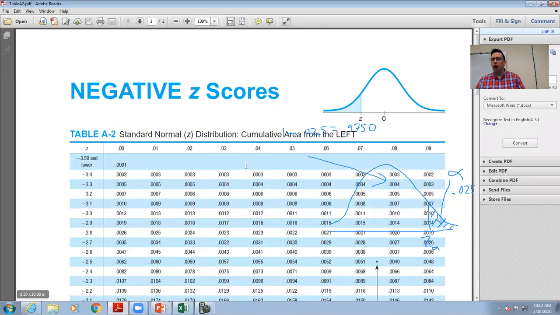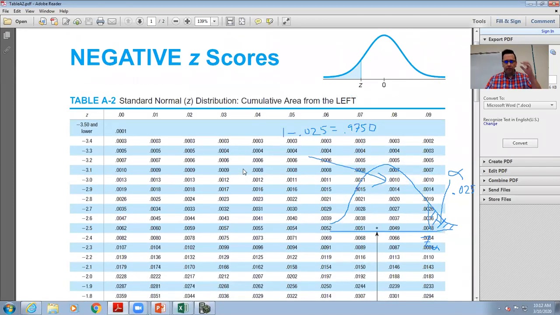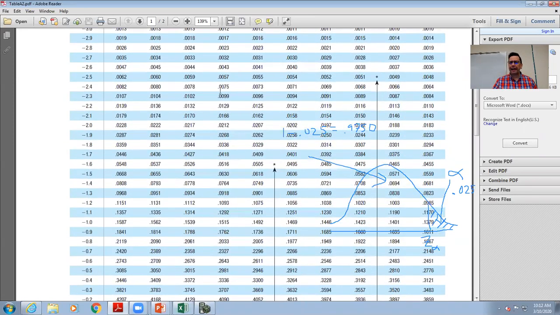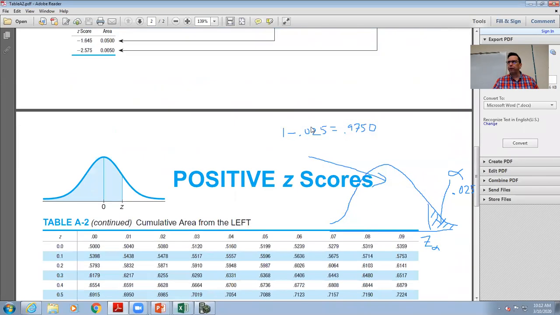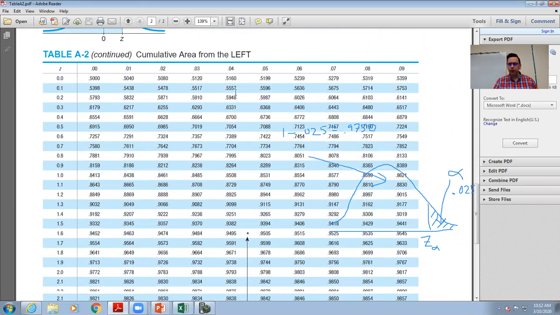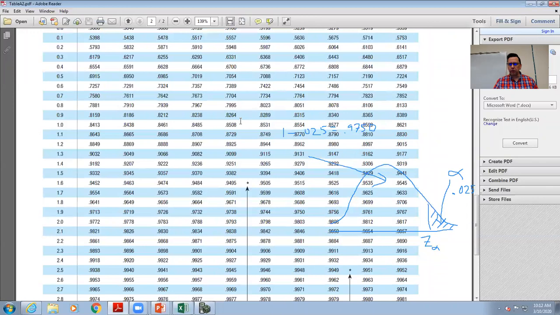All right. So it's a little more difficult to find your specific areas. Sometimes it feels like looking for a needle in a haystack. They are listed in order at least. So for one thing, I'm going to find this area on the positive side of the table. I scroll down, scroll down, scroll down, and eventually, there it is. See it? 0.9750.